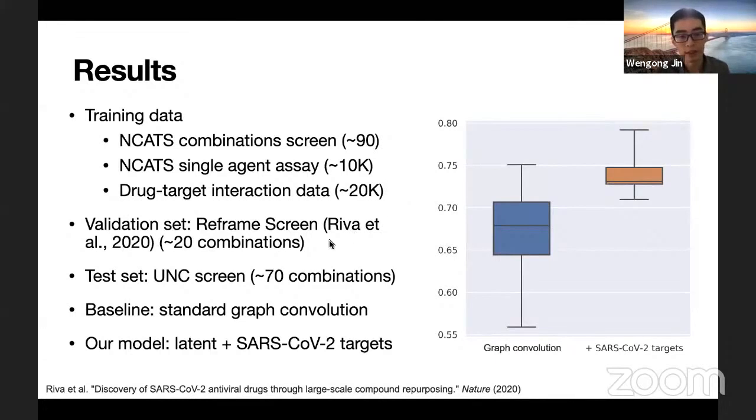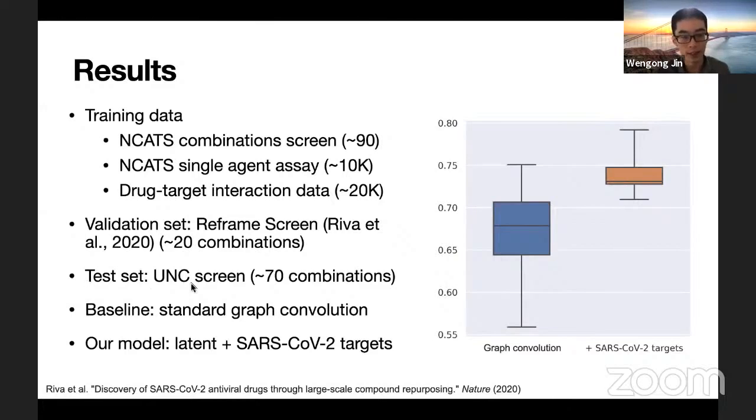The validation set is a tiny set conducted by this Nature paper from the ReFRAME group. Basically, they have around 20 combinations, which all involved remdesivir.